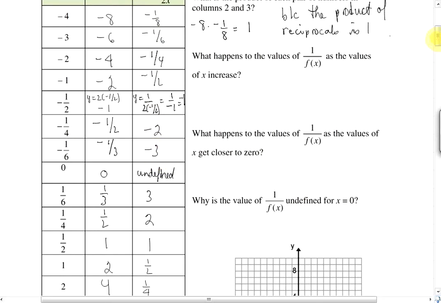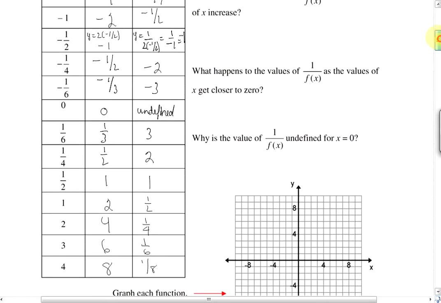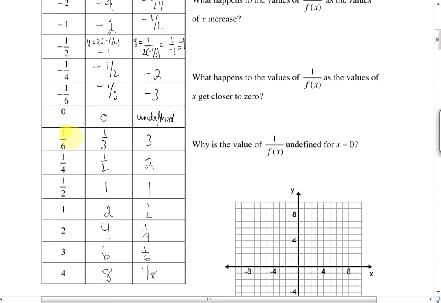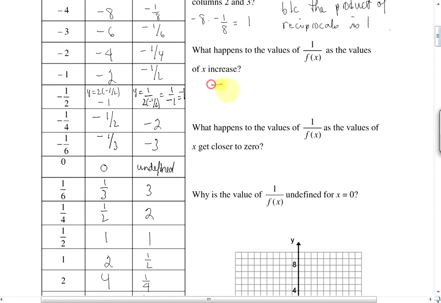Okay? And the same is true for our x when we have positive values. We're getting bigger and bigger for x, and our y values are getting smaller and smaller. Okay, so what happens? They decrease in value.